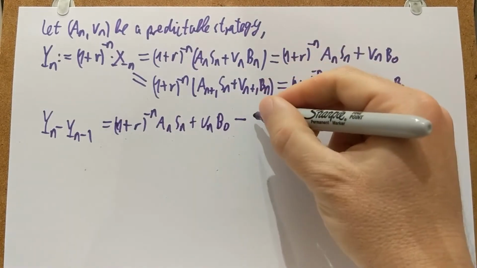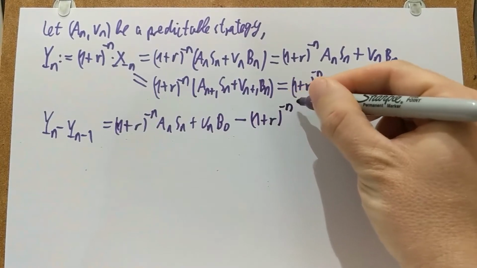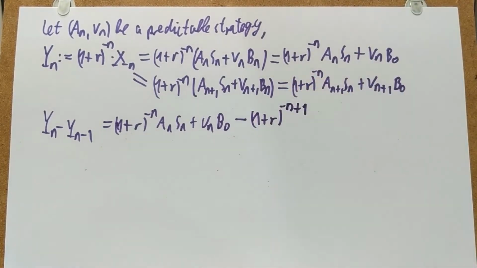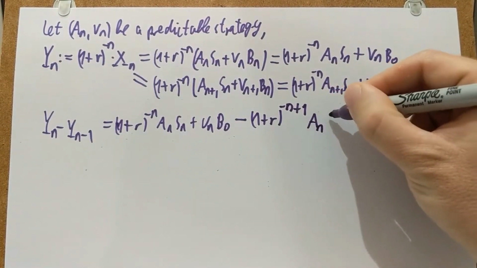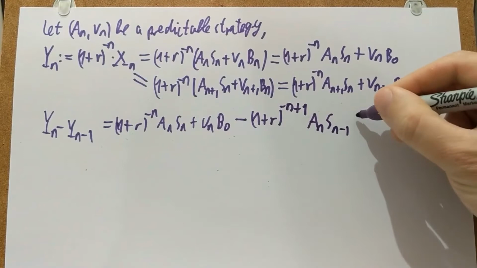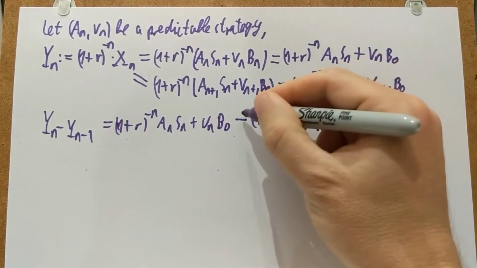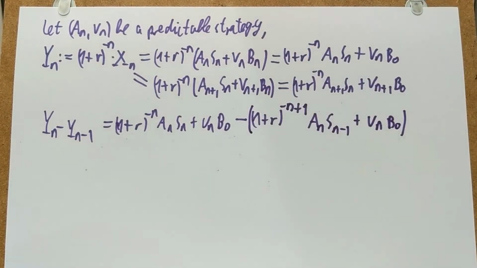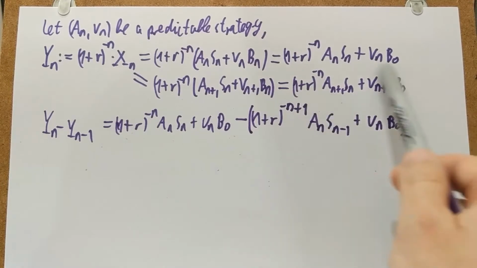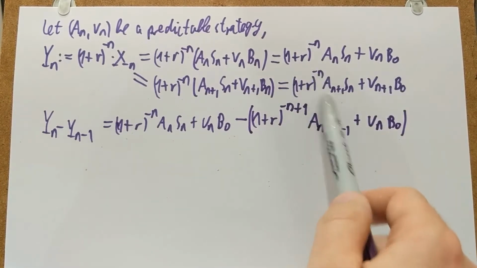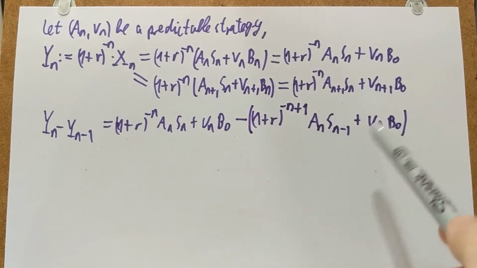So it's going to be (1 plus r) to the negative (n minus 1). So that gives me An plus 1 here, An Sn minus 1 plus Vn B naught, and all of that is with a negative. So what I did here is plugged in Yn minus 1 from the second line with a one less index. So instead of n, I have n minus 1 everywhere.